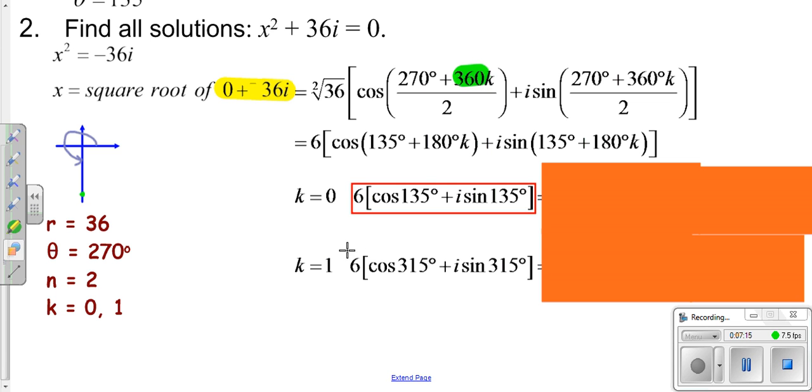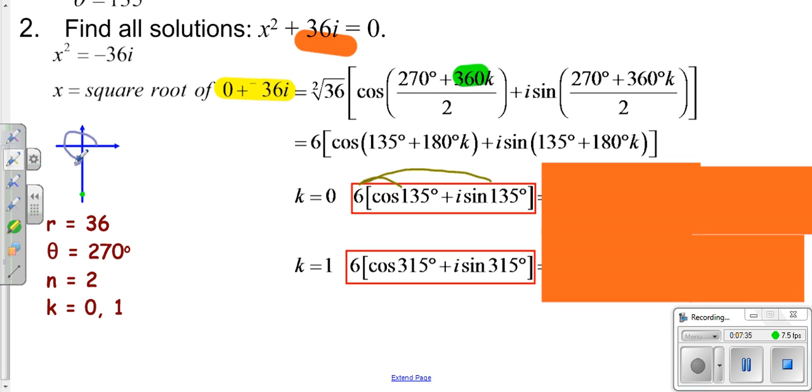However, we did not start out in trig form, so I don't want to leave my answers like this. We started out in the a plus bi form. So all I want to do to get back into the a plus bi form is basically distribute through after I figure out what each one of these values is.